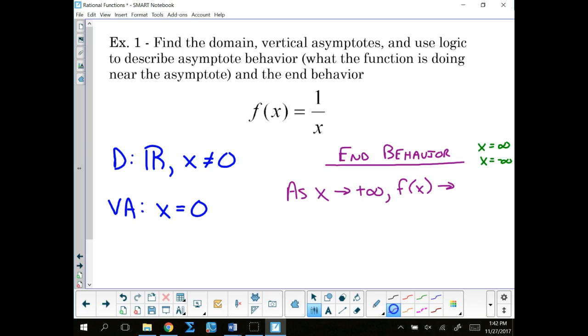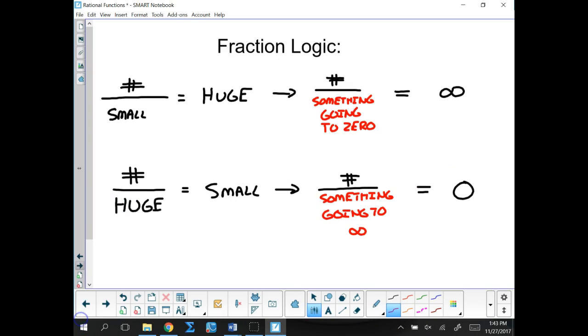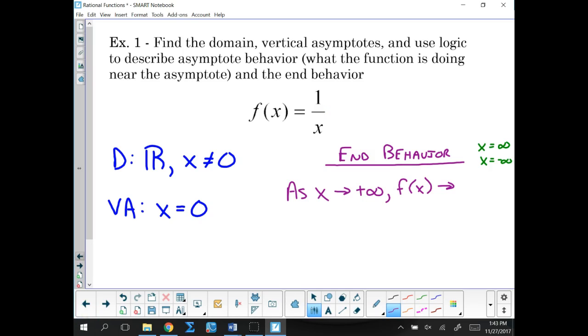So as x gets bigger and bigger and bigger, I've got a positive number divided by a positive huge number. Where's that going to go? It's going to go towards 0, right? A number divided by a huge number, both positive, is going to go to 0, but we're going to add something in here.